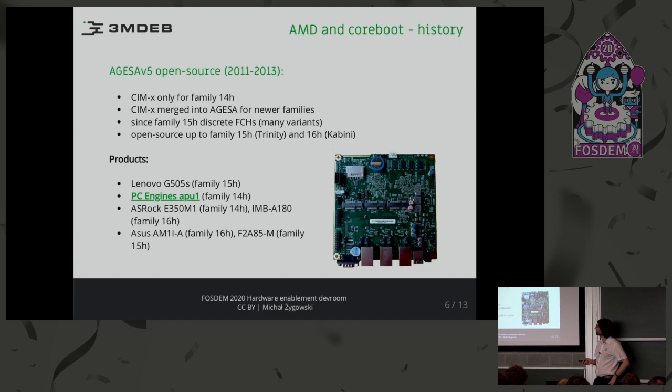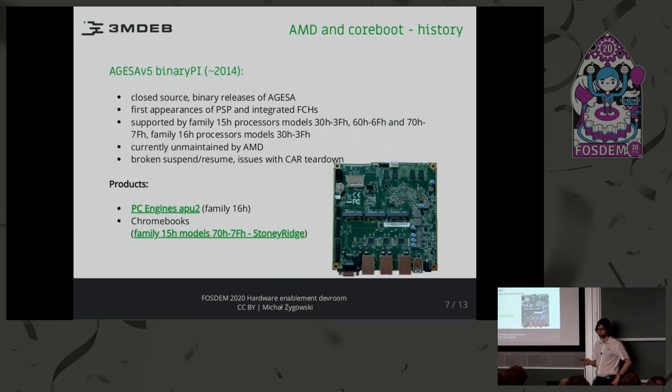This open source fashion was maintained until 2014, where AMD introduced closed source AGESA blobs. Yes, and the community was not happy about that, but there is, I think, a rationale behind that, because with the introduction of the binary PI, which is the name for the closed source AGESA binaries, AMD introduced integrated FCH, so the first SoCs appeared, and of course the first appearances of PSP also occurred.